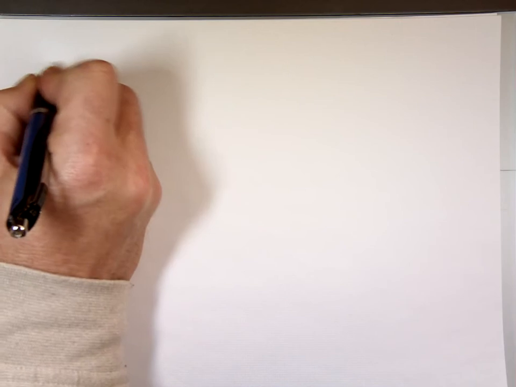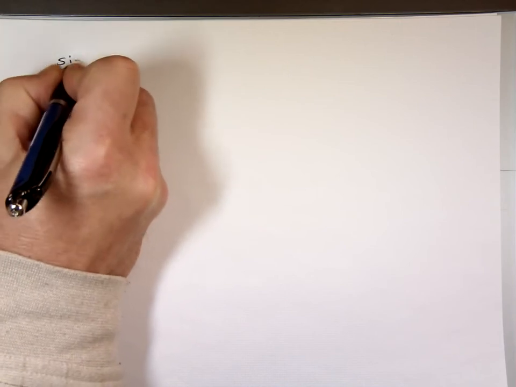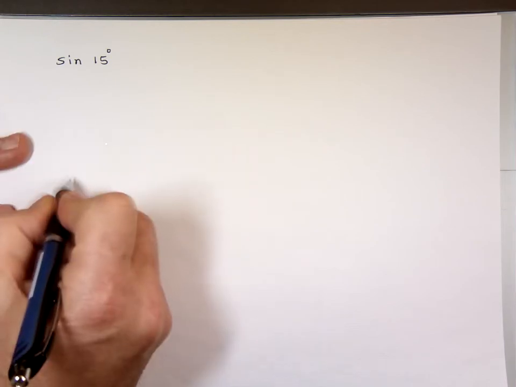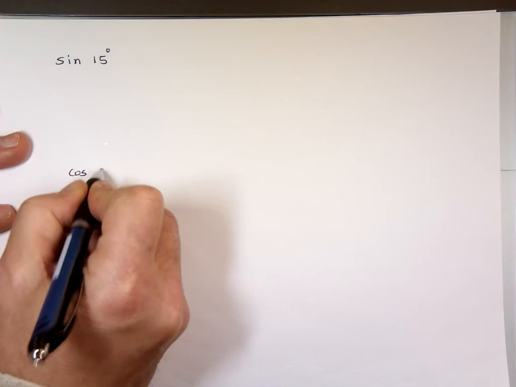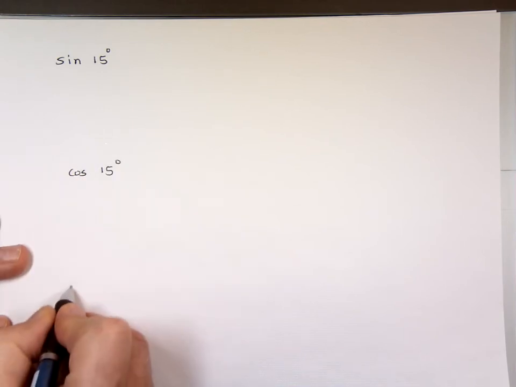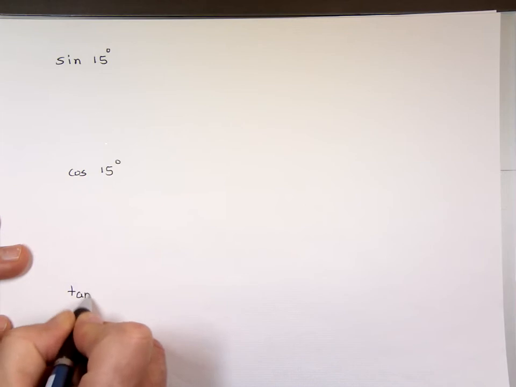One question on this quiz and that's it. Can you tell me what is sine 15 degrees? No calculator. And what is the cosine of 15 degrees? No calculator. And what is the tangent of 15 degrees? Again, no calculator.